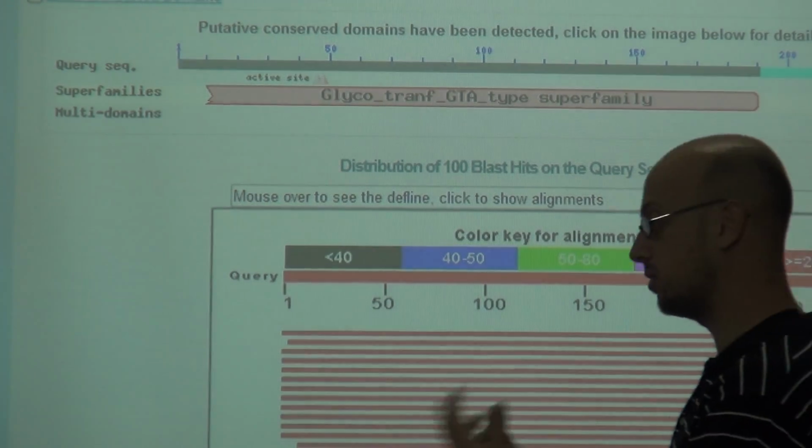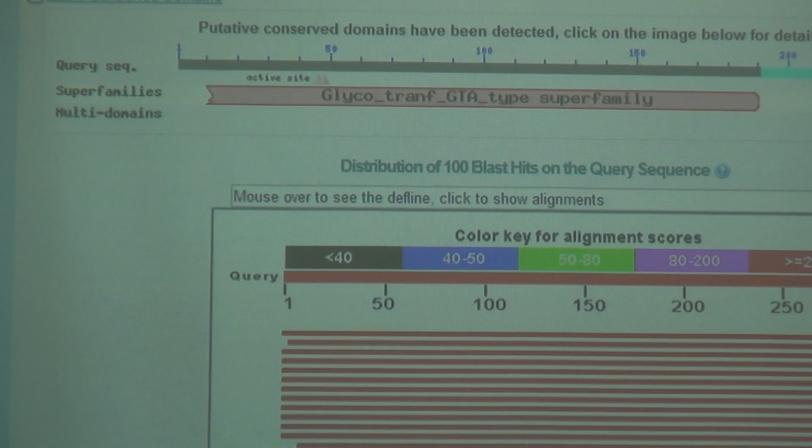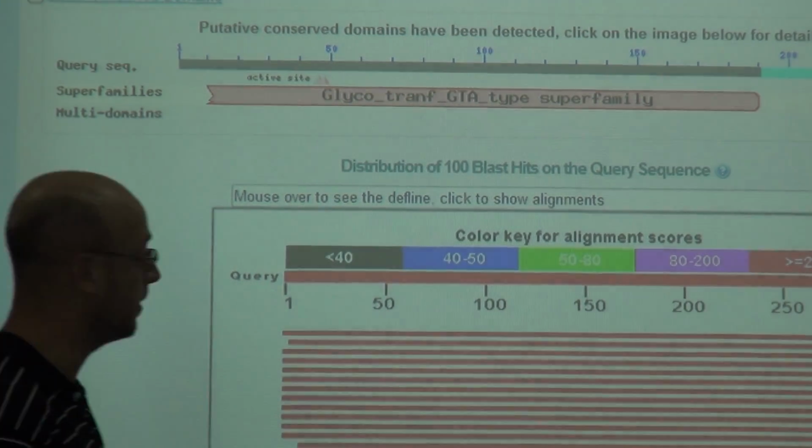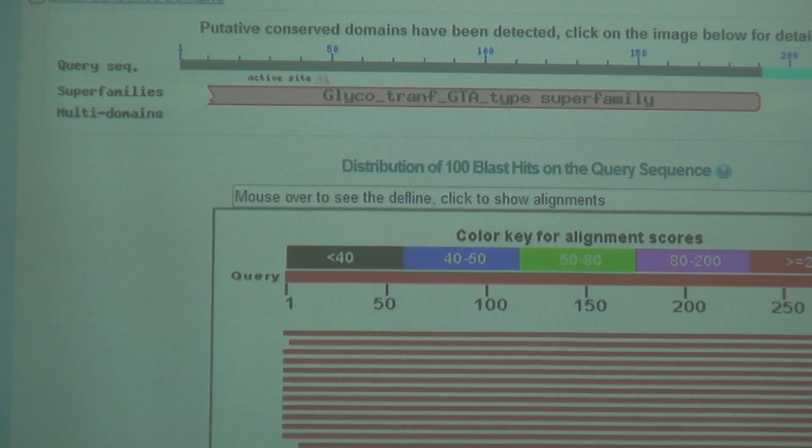We said that because it is conserved in many different bacteria, then it has an important function, and we can find out what this function is. We just click on this result.